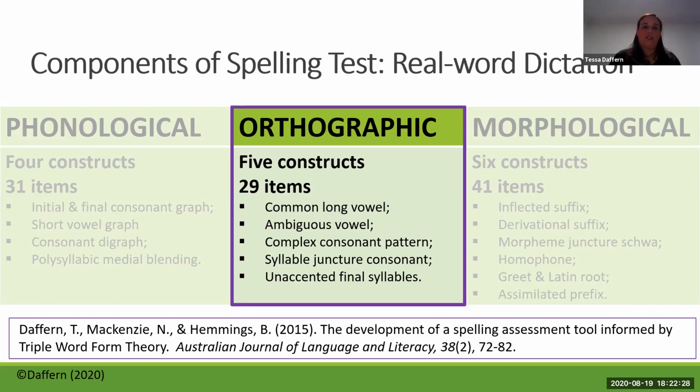So orthographic knowledge entails knowing the typical arrangements or sequencing of letter groups within words, and how the spelling of some phonemes are context sensitive. For example, the letter sequence OU to represent the ow diphthong.